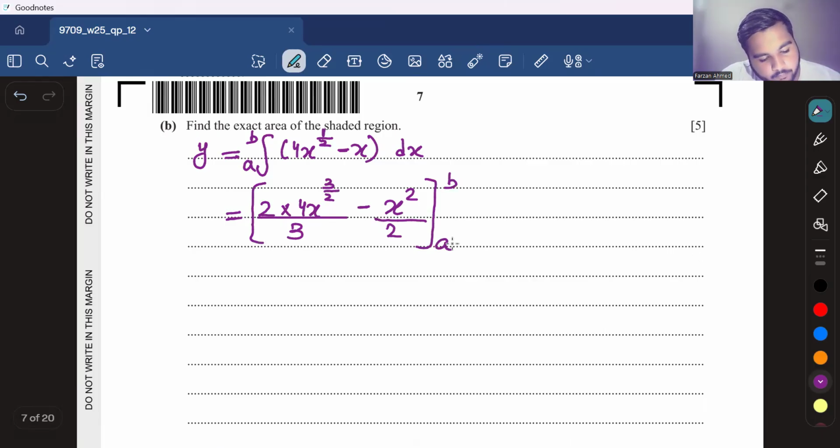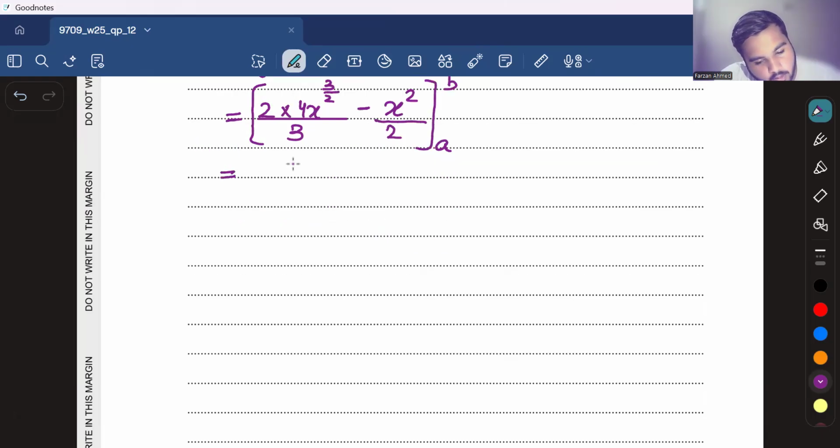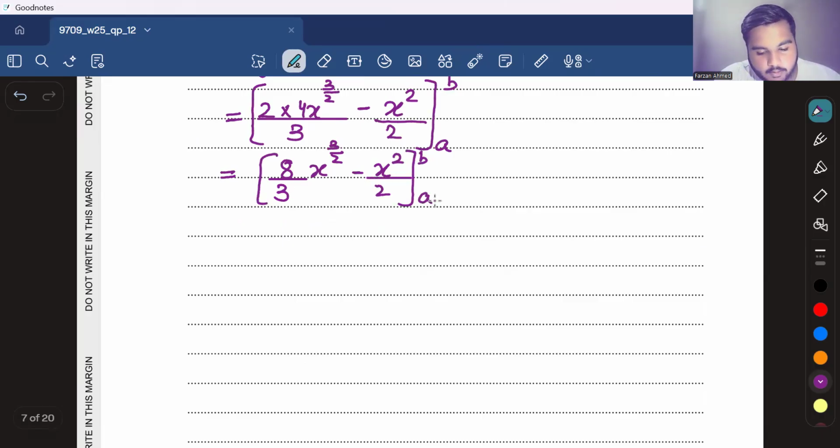And now this will be 8 upon 3 x to the power 3 upon 2 minus x square over 2, with limits b and a.